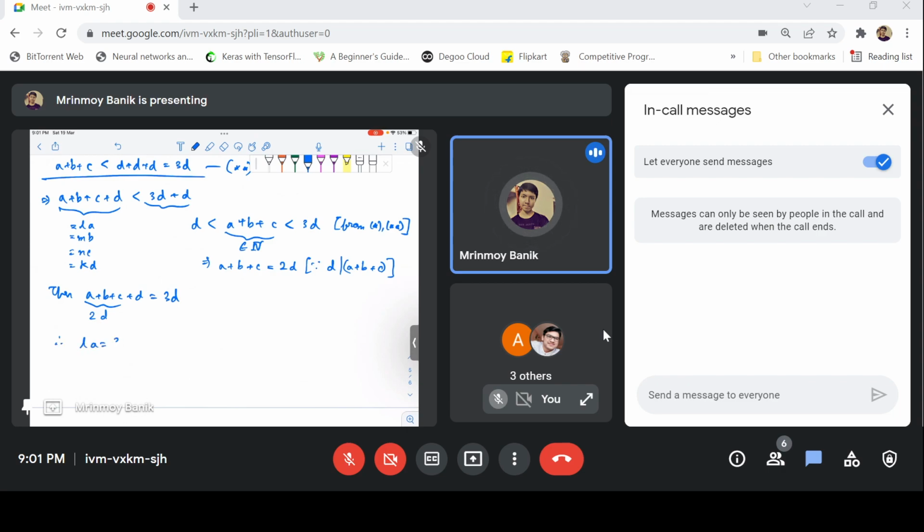Therefore LA is 3D, which implies A is 3D by L. Similarly B is 3D by M, C is 3D by N, and D is 3D by K. Actually, K is 3.